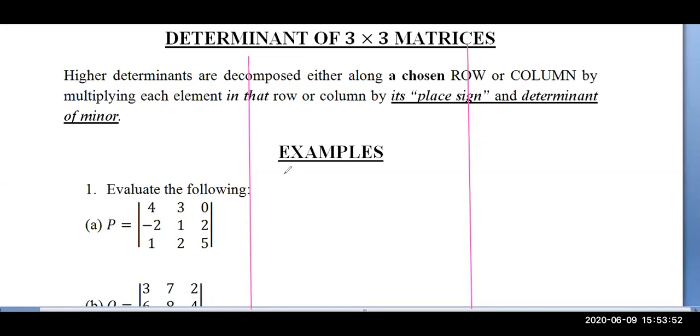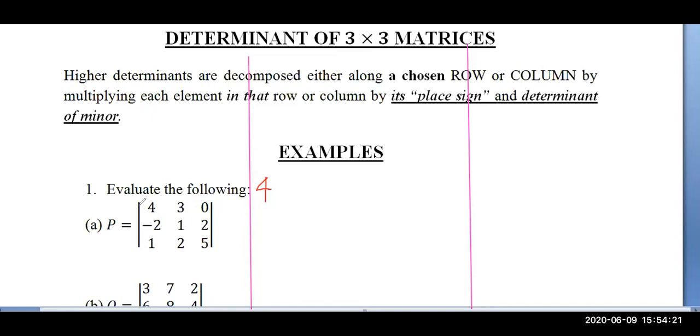What I'm simply going to do is, I can decompose along the row, or I can decompose along the column. For me to decompose along the row, I'll pick 4, which is the first member there. Let me change the color right there. If I pick 4, I'll say 4 multiplied by its determinant of minor.